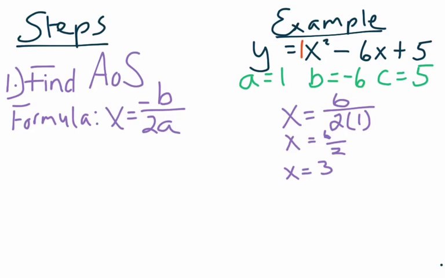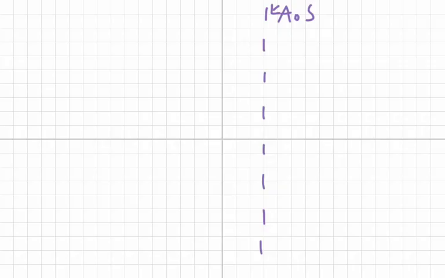Step 2 is to find the vertex. Because remember, that's one of our key points. Okay, so here's the deal. The axis of symmetry, if you recall from the last lesson, and if you have tried to take some shortcuts, and I know I wasn't in last week, so you were trusted to go and watch those videos on your own. If you did not watch them, go back and watch them.